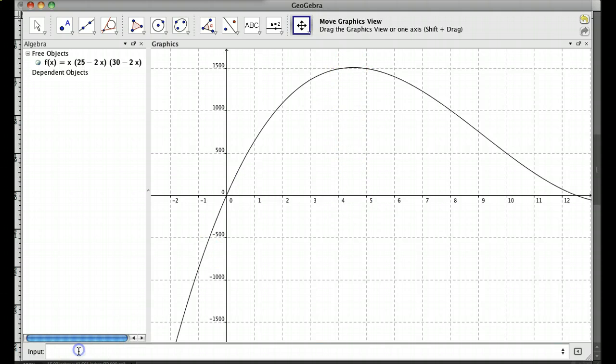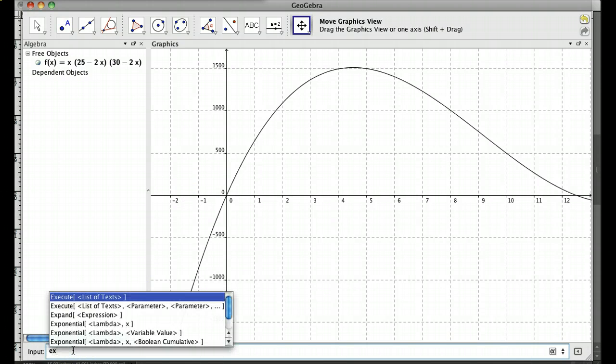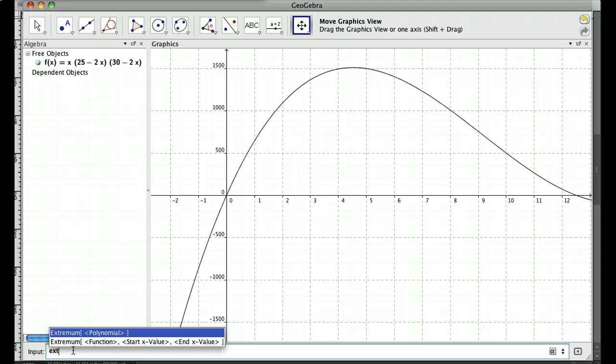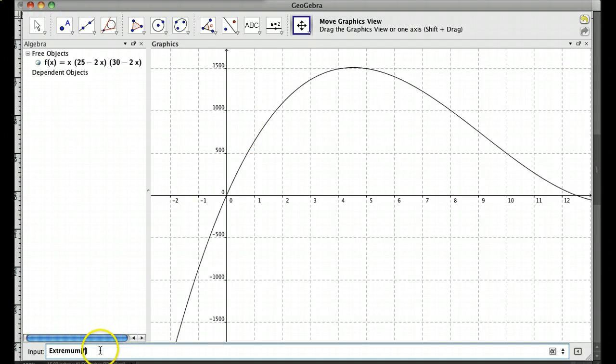So you can type in here Extremum(f). You can see Extremum, f is just the function we created here.